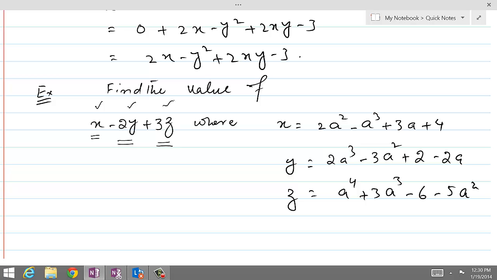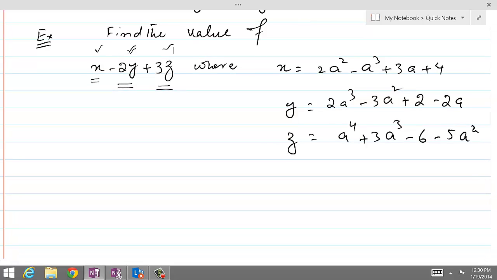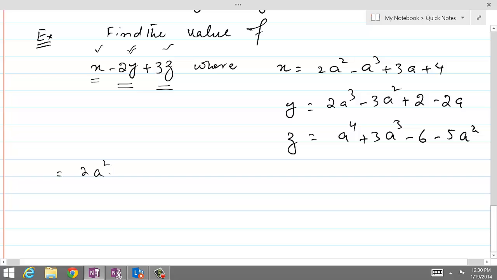So multiplying z with 3 will give us this component, and here multiplying y with minus 2 will give us this component, and x is the same. So if we substitute and continue performing these operations, instead of x we can substitute 2a square minus a cube plus 3a plus 4, so that is x, no problem there.